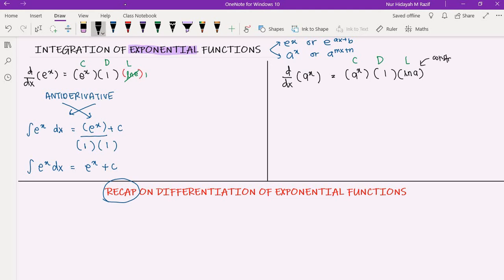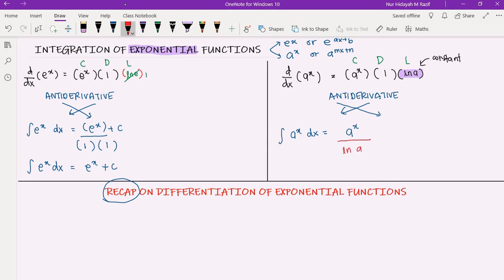Now, still using the concept of antiderivative, we can rewrite it. If I want to integrate a power of x, then what I get on the left hand side is still a power of x, but it will take over this bracket. So ln a will be brought to the left and it will be on the denominator.